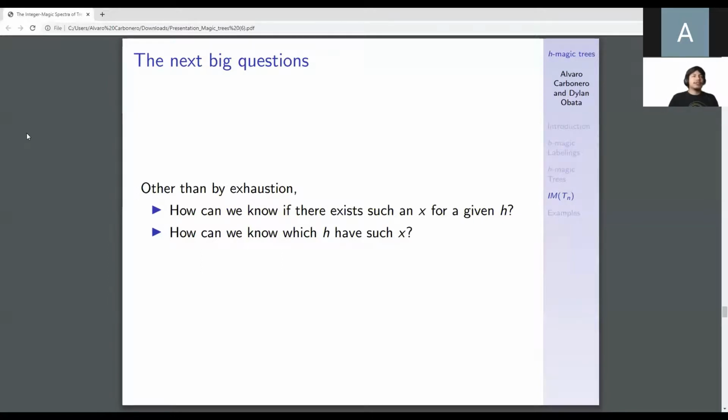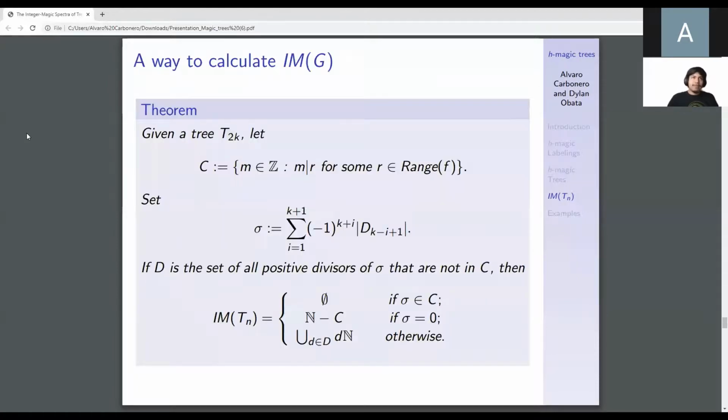Both of these questions can be solved with the next theorem that we produced. And actually, this is our main theorem. Our main theorem gives an expression for the integral magic spectrum of a tree. We need to consider two parts. First, C, which is the set of divisors of the elements in the range of F, and sigma, which is the labeling that the center would get minus 1.